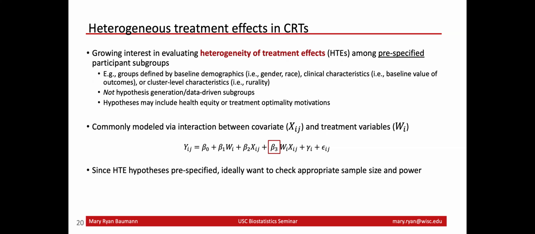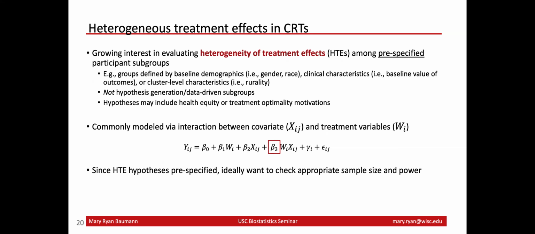And so the way a lot of times that we look for these heterogeneous treatment effects is via a simple interaction between some sort of subgroup covariate X and the treatment variable. And when we're testing for the presence of a heterogeneous treatment effect, what we're doing is testing the null hypothesis of this interaction term, as opposed to doing a hypothesis test on the treatment effect among a subgroup necessarily.